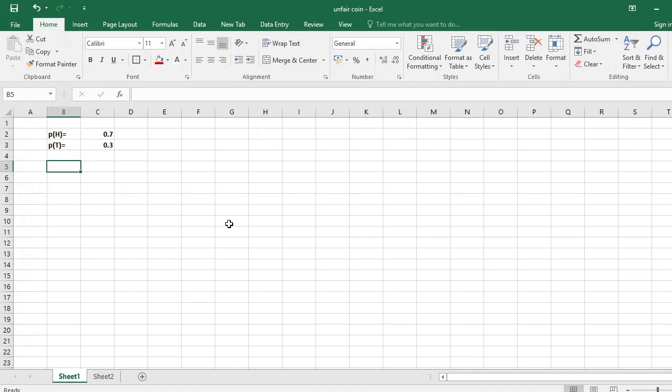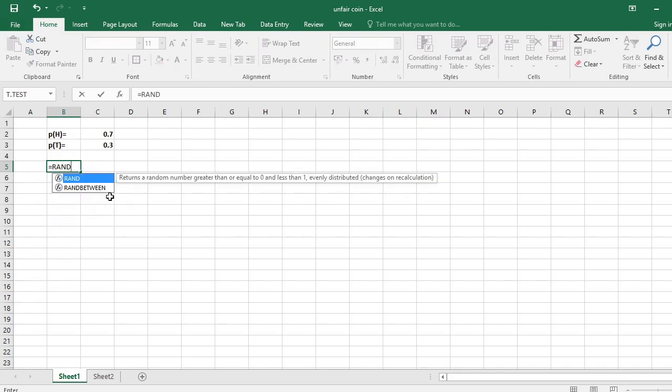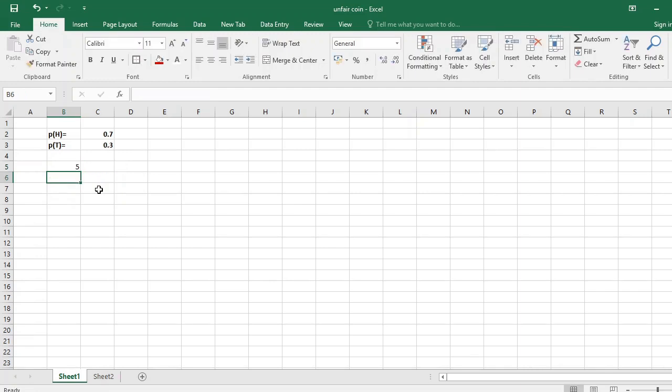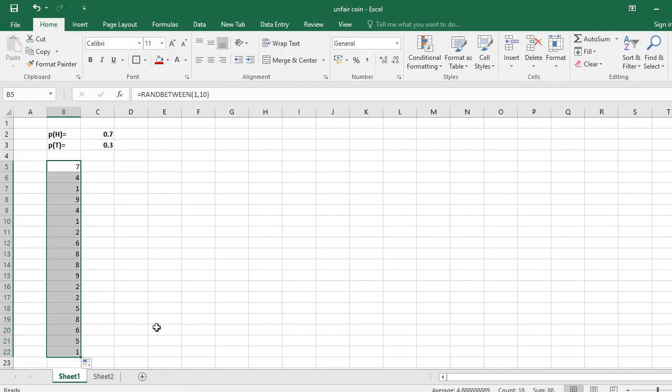So let us first look at what the rand between function does. We learned on the previous occasion that when we use rand between 1, 10, then the formula generates numbers from 1 to 10 with equal probabilities, meaning the probability of getting 1 is the same as that of getting 2 and so on up to the value of 10.